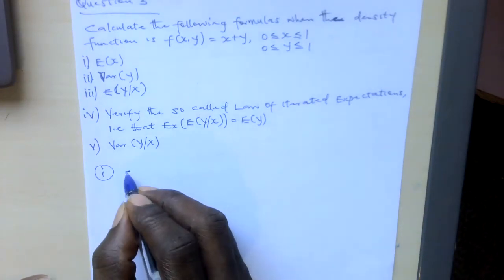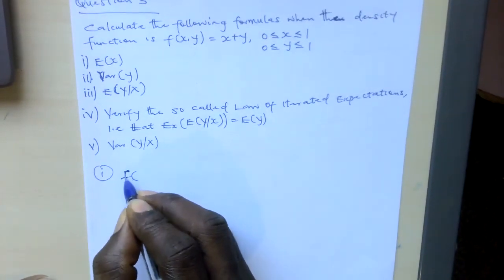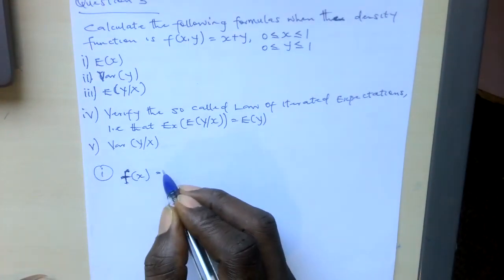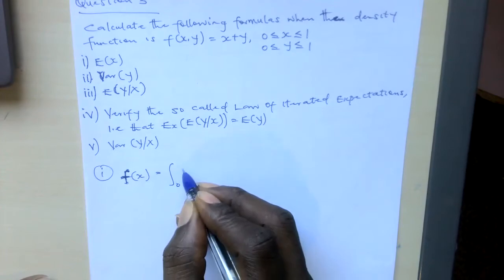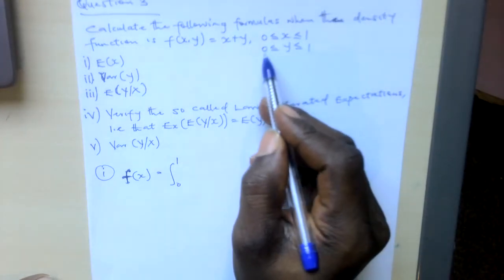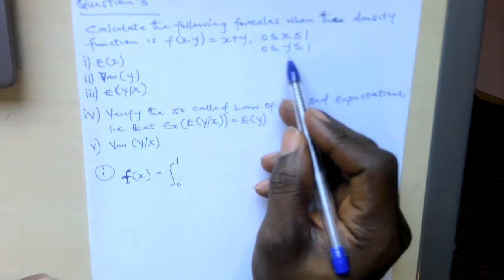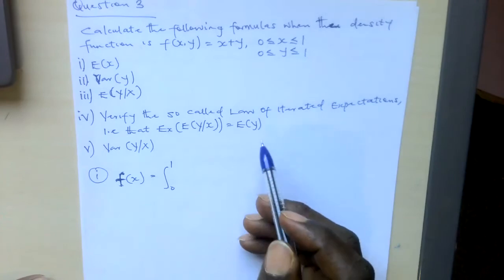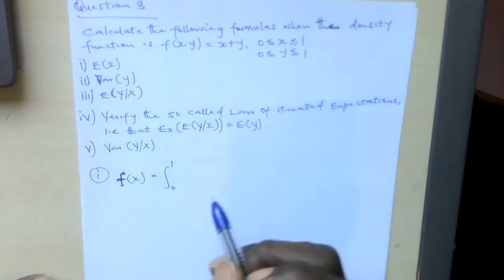So we have f of x, small f here, because the integral is from 0 to 1 for y, since we are integrating with respect to y.